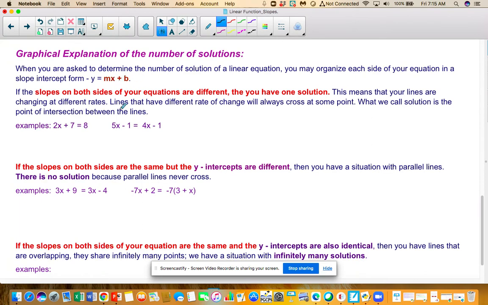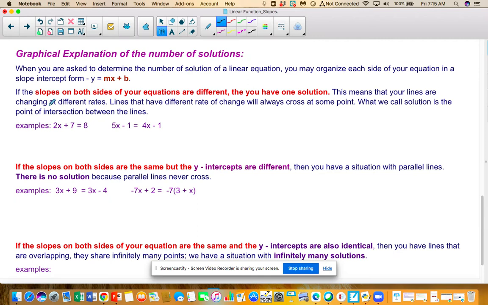So I want you to open your mind a little bit, so that when you are looking at a linear equation, don't just see a single equation, but see it as two equations combined, right? Basically, we are trying to figure out.